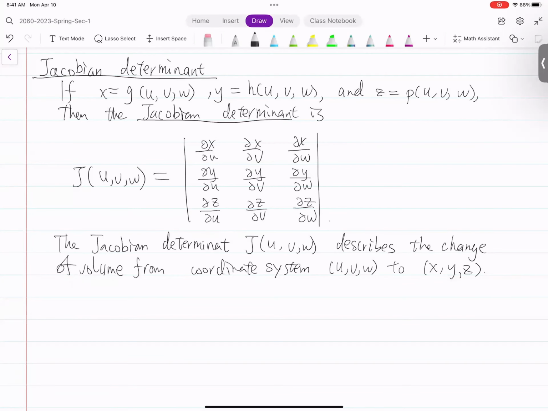Example. If we think about the first question that we had in mind, cylindrical coordinates. We have x equals r cosine theta, y equals r sine theta, and z equals z.